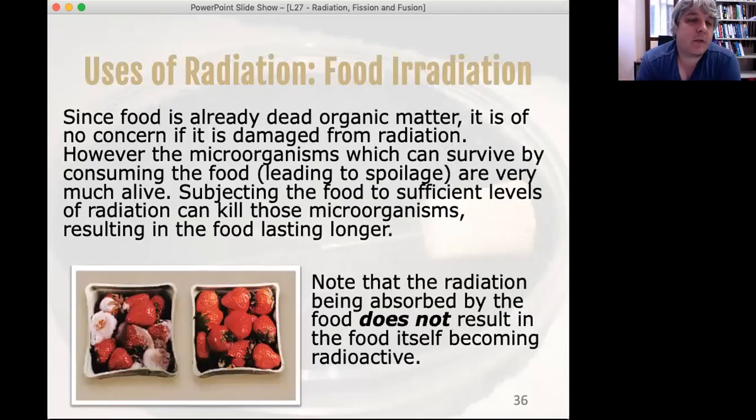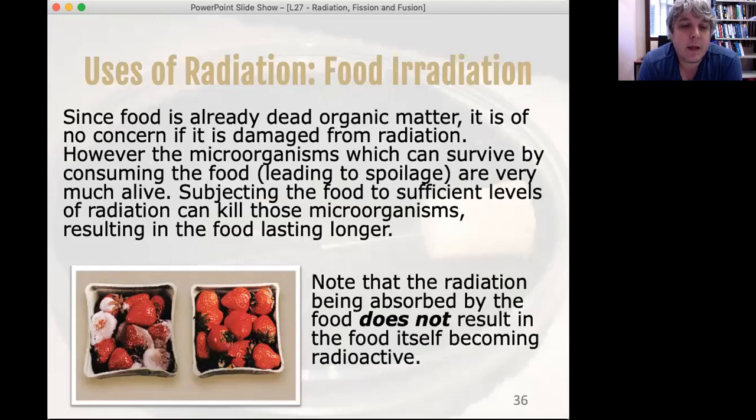Another very common use of radiation is to irradiate food. Food's already dead. It doesn't matter if we damage the cells in a strawberry from radiation. It's still a strawberry, it's still dead, it's still pretty much the same as it was before. When we consume it, it doesn't matter if a couple of the cells have broken open, we're still consuming all of the substance anyway. But the microorganisms living on the food are alive, and they are the things that can cause mold and other rot.